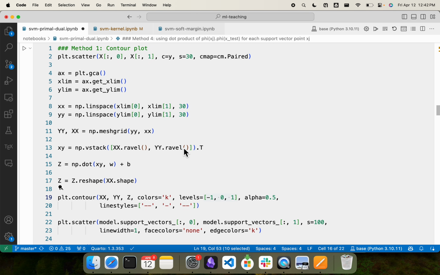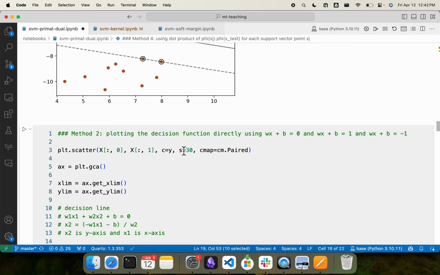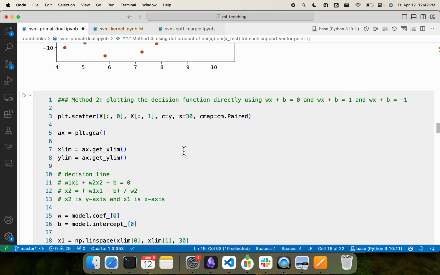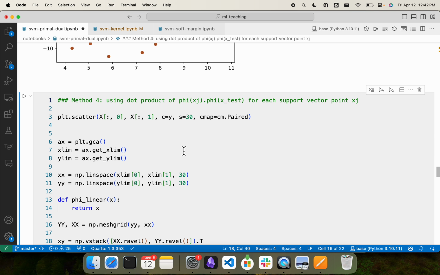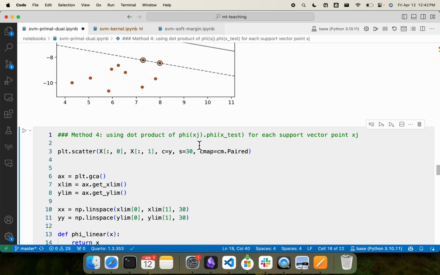Second method, I just directly found the equation Wx plus B equal to 0. Third method, I use sklearn's decision function. The fourth method is if we had transformed the data to high-dimensional space, phi of xi and phi of xj.